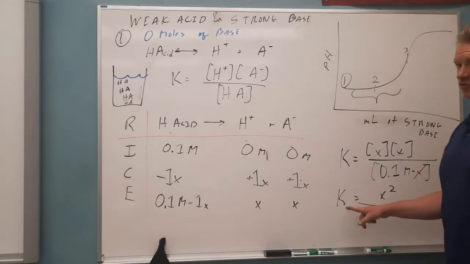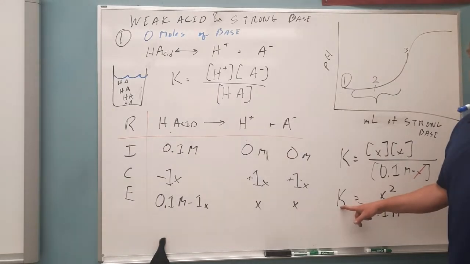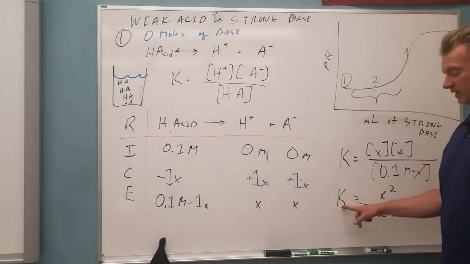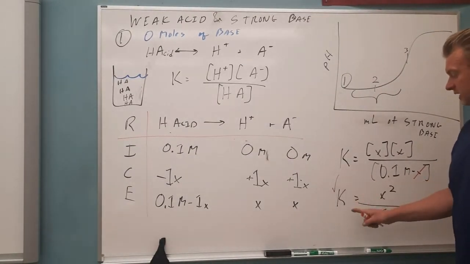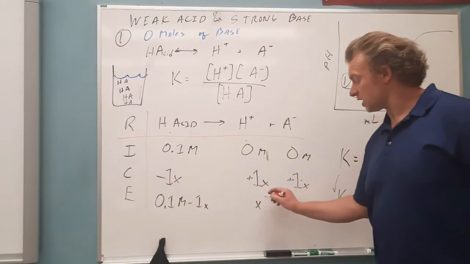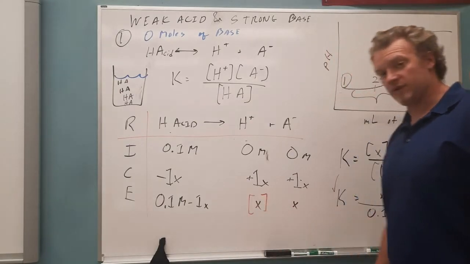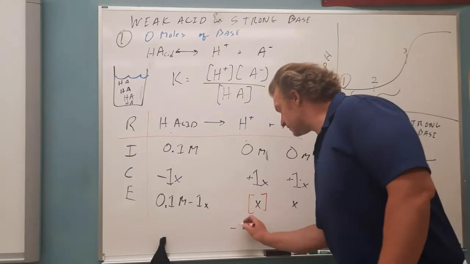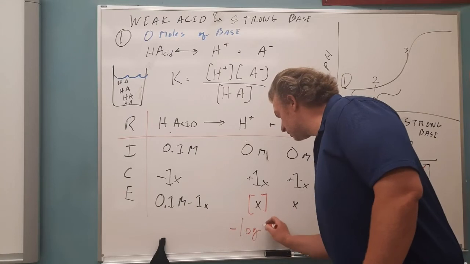If you know what the weak acid is, then you know the K value, and you plug it in, and you can solve for X, which is the concentration of H+, to take the negative log.